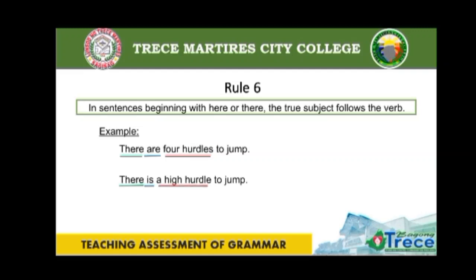The subject is singular, therefore we are going to use a singular verb, which is "is." Next example, here are the keys. Same rule applies. The sentence starts with here, followed by the verb, and then the subject. The subject here is plural, therefore we are going to apply a plural verb.